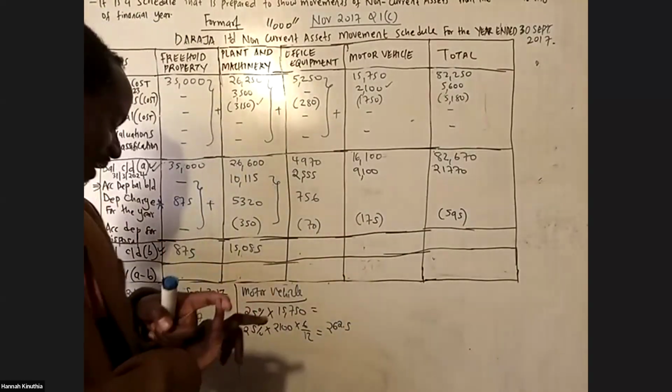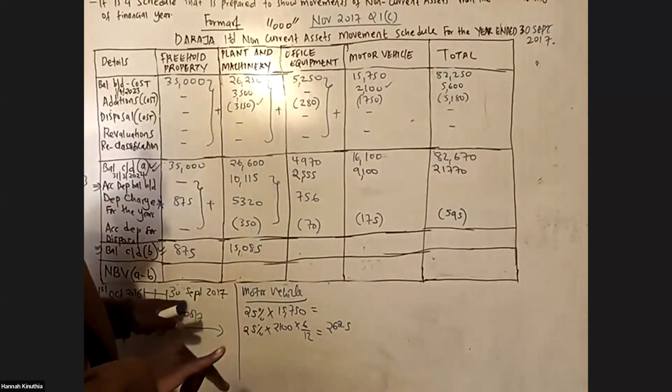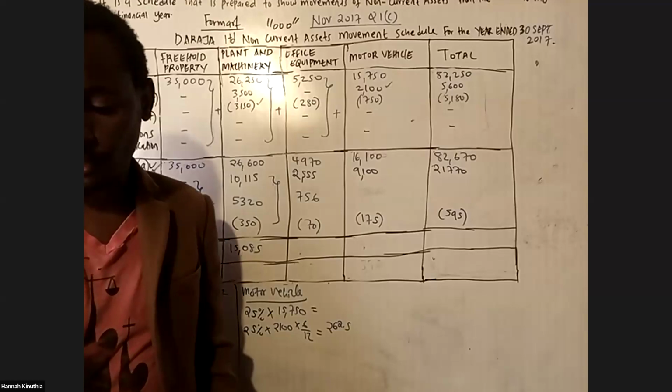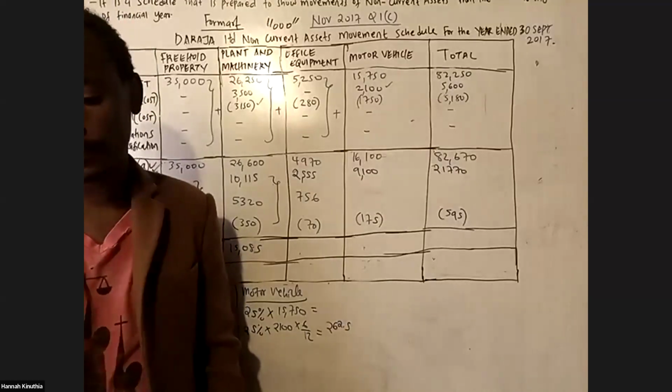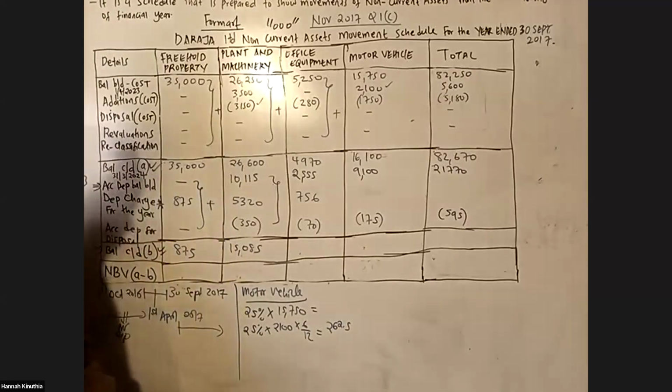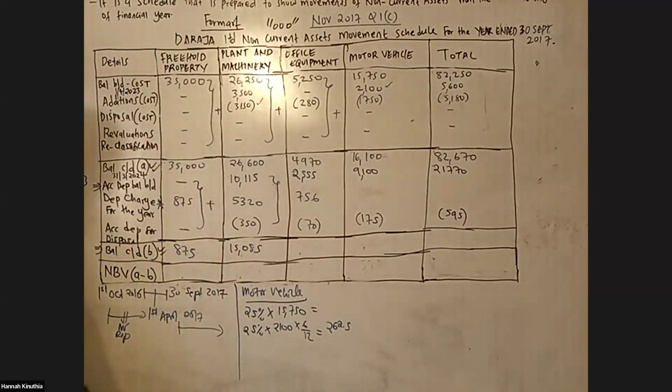Looking at September, they tell us September at the end, so all of September is included. So it is 6 months. Are you okay with that? Yes. Okay. So that one is 262.5.